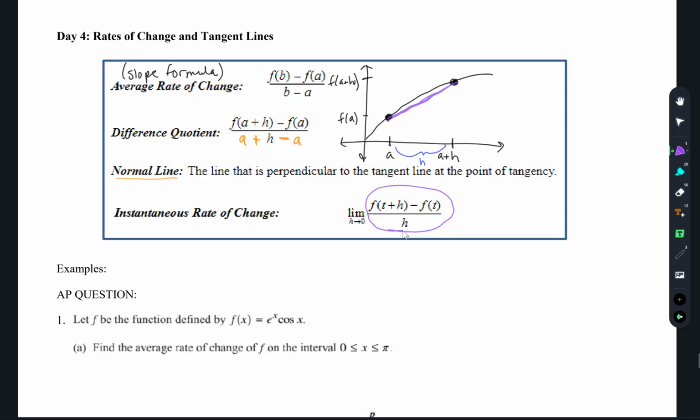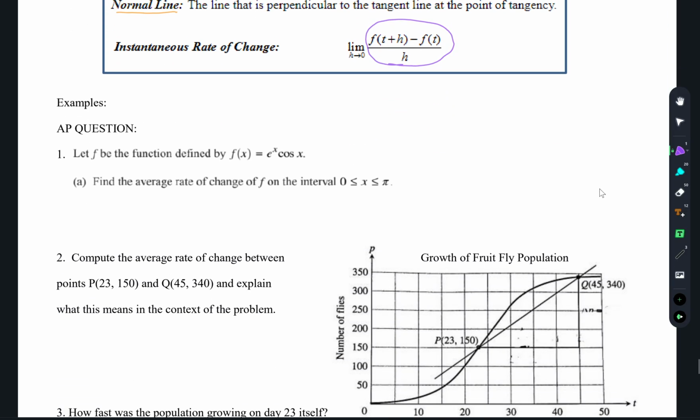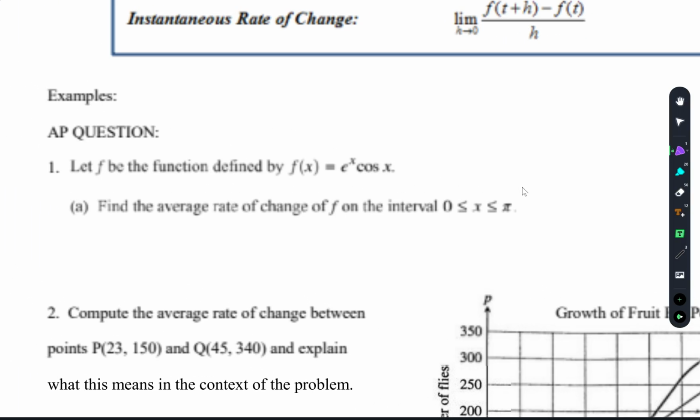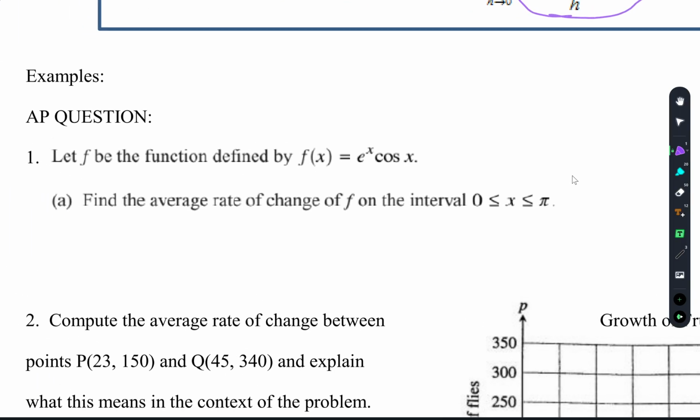All right, do you want to do one? I think you've done this one. I've given you this in AB before. It's an AP question. Let f be this function. Find the average rate of change. Ready, go.